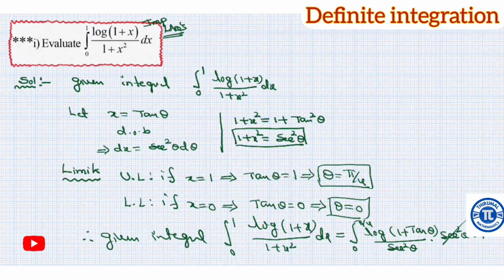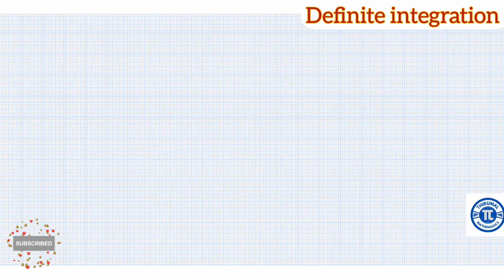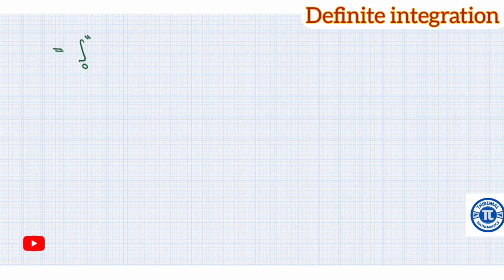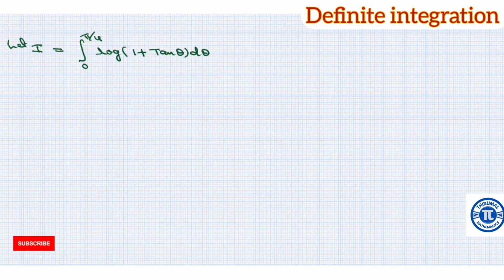Here secant square theta cancels, so we get integration 0 to pi by 4 of log of 1 plus tan theta d theta. Let's suppose this is equal to I, equation number 1.